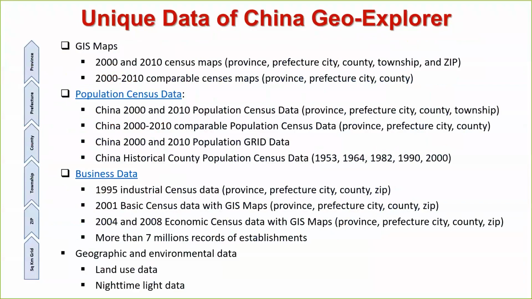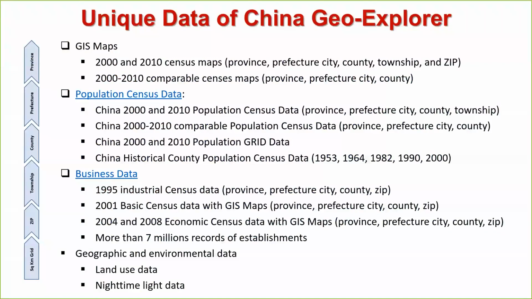For GIS maps, we include several very important base maps. The base maps for the 2000 census and 2010 census, at province, prefecture city, county, township, and zip neighbors. We also developed a comparable census map for the 2000 and 2010 censuses by province, prefecture city, township, and counties.